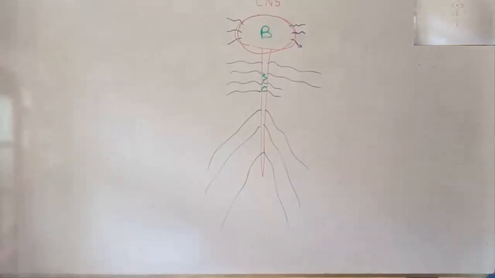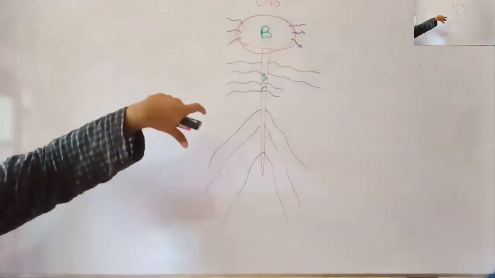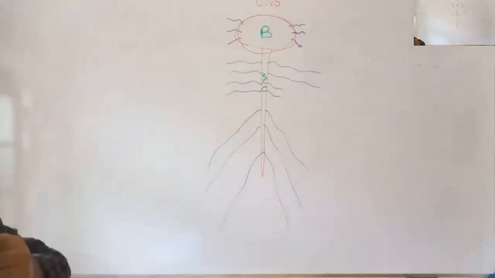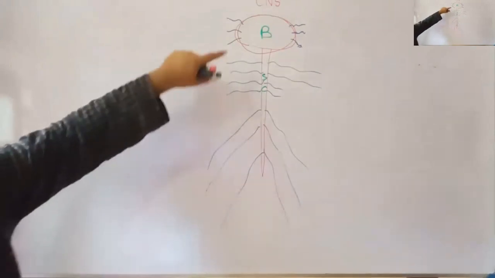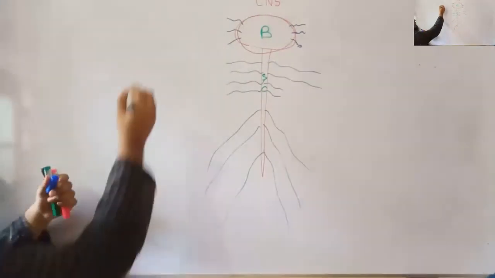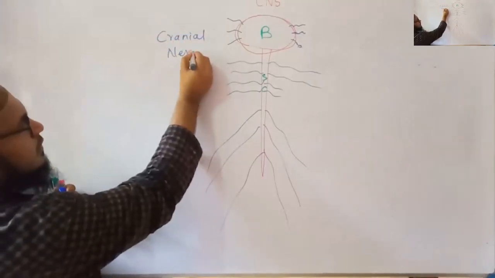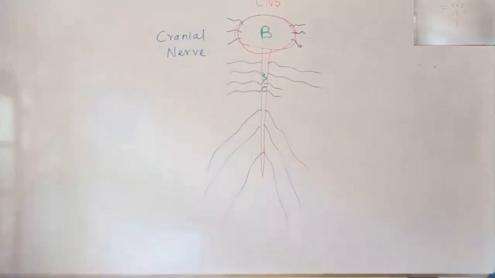When you look at the peripheral nervous system, the nerves which are coming from the brain and the spinal cord, you can divide them into two categories. If the nerves are coming from the top part, the brain, they are known as the cranial nerves. You have 12 pairs of cranial nerves.